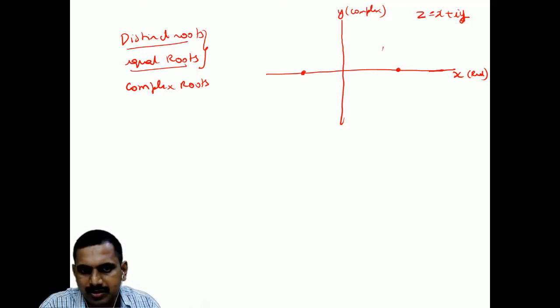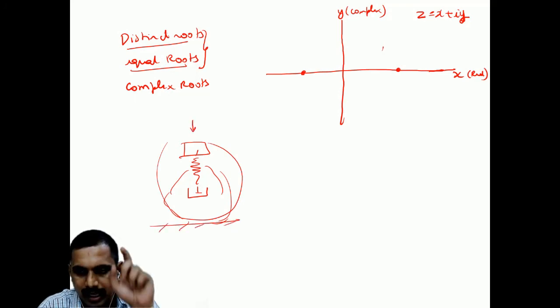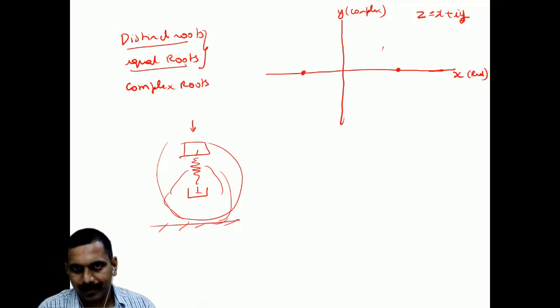Now if I have a system which is a very complex system, say for example I have a spring, a mass and a damper, and a number of them here, and then I have a base like this. Now I give a small deviation to that, I tap it. Now how this complex system behaves is important.